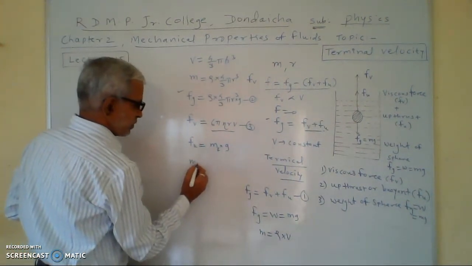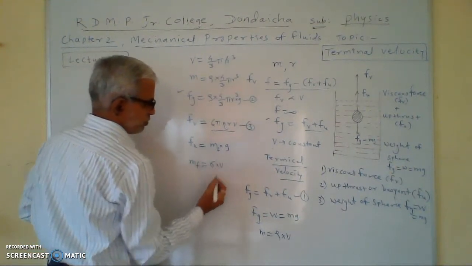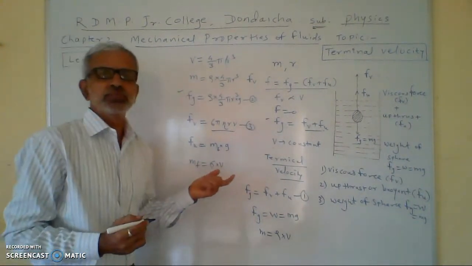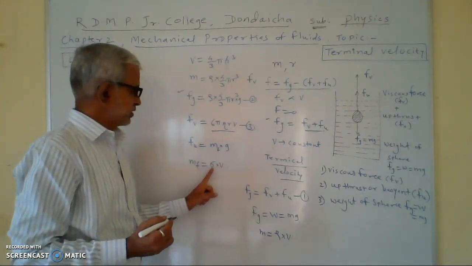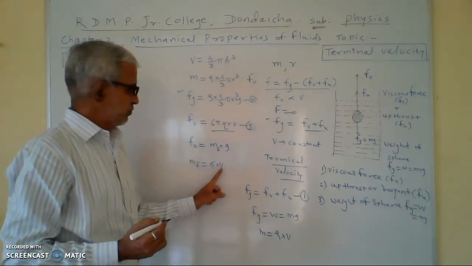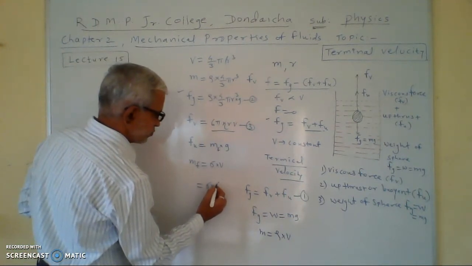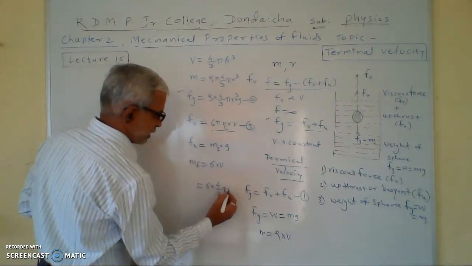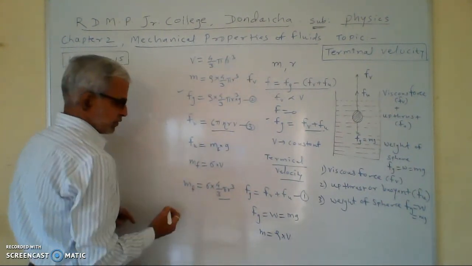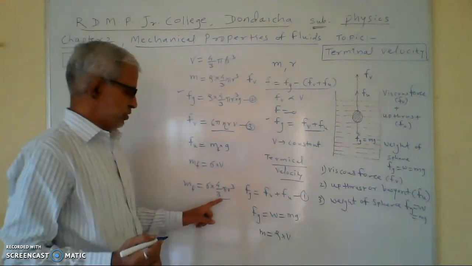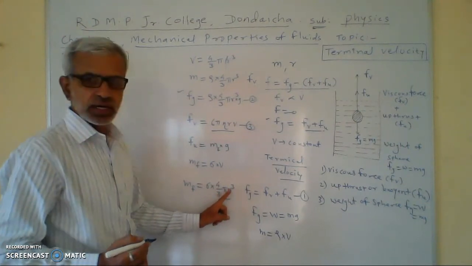Now what is mf? mf is equal to density multiplied by the volume displaced by the liquid. So mf is the mass of the fluid, sigma is the density of the fluid, and V is the volume which is displaced. The same volume will be displaced by the liquid as the volume of the sphere, and so mf is equal to sigma into 4 upon 3 pi r cube.